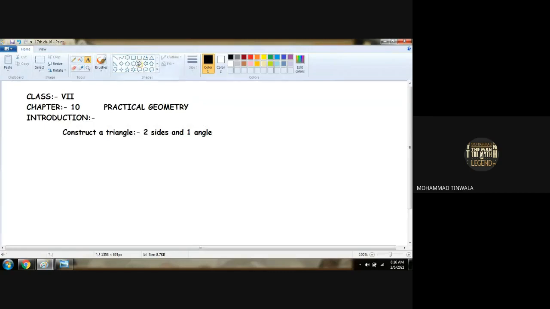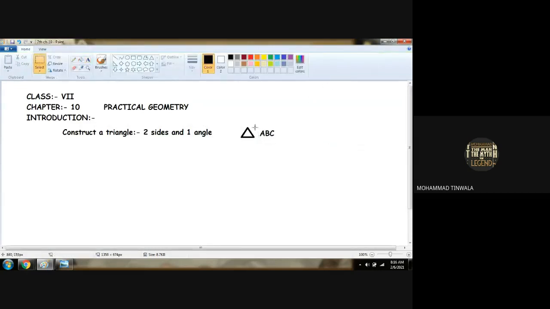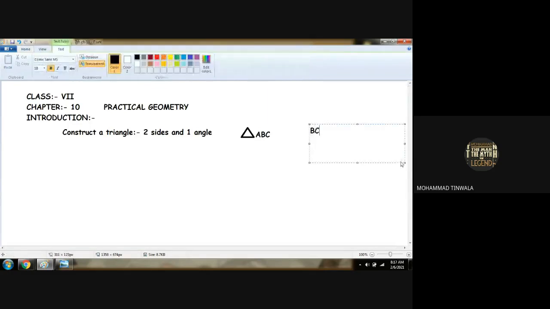Let's say triangle ABC is given, and we have to construct triangle ABC. In ABC, line segment BC is given 5 centimeter.